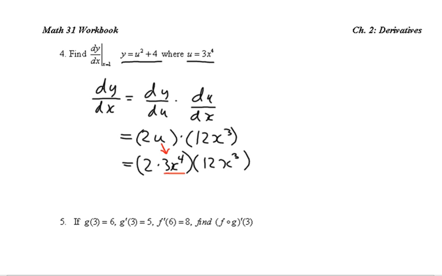What is this going to give me? Well, believe it or not, it's a big number. 6 times 12 is 72, x to the 7th power. Once you have it in that form, it's easy to find what the derivative dy dx at x equals 1 would be.